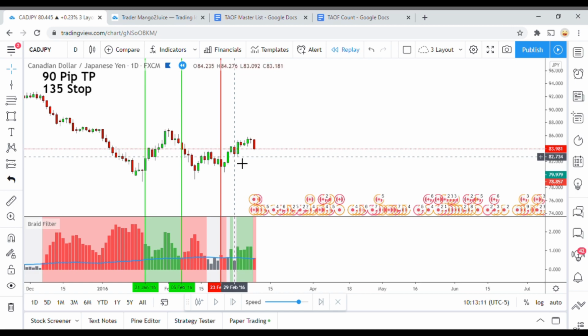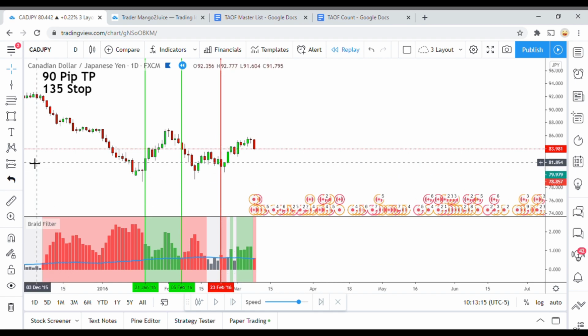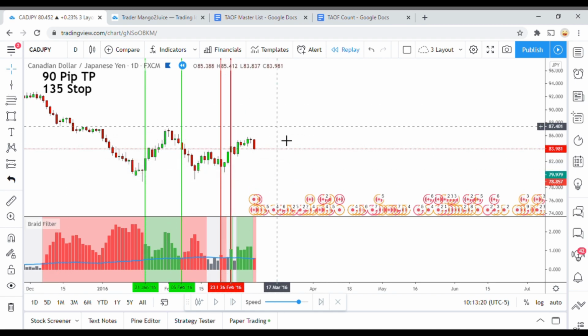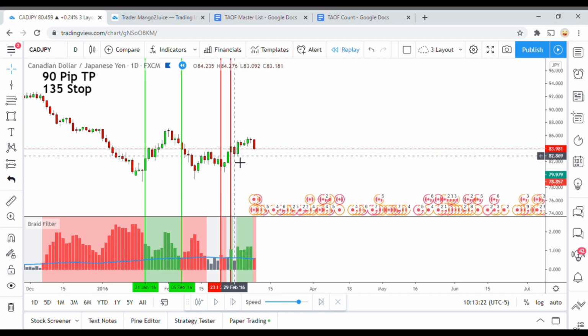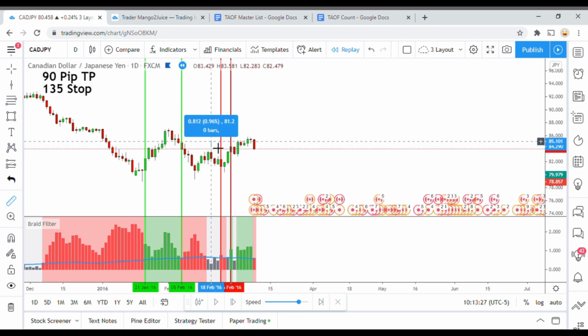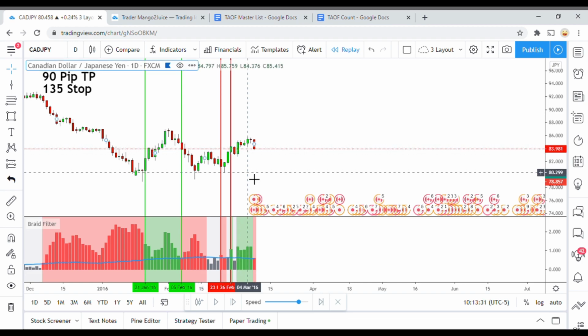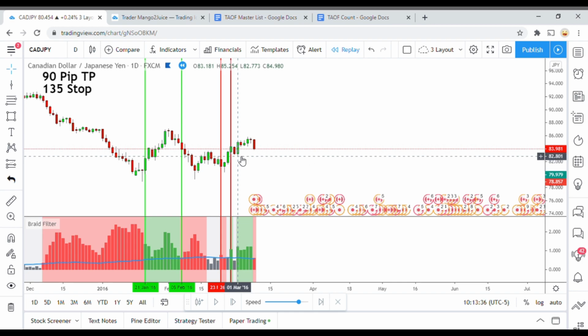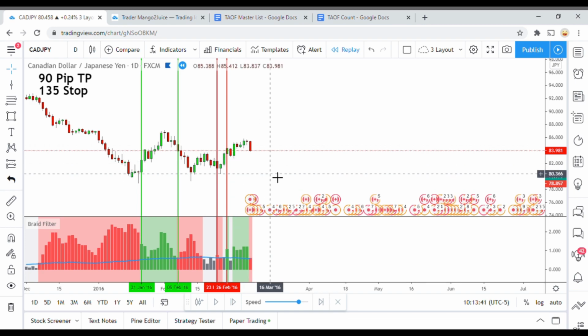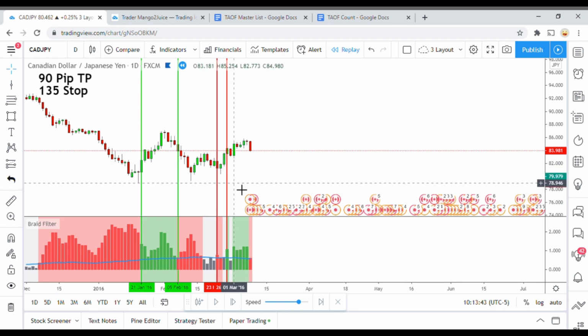Just by pure happenstance, this big green candle came down just a little too far and would have captured our stop, we believe, anyways. Let's check the upside. Yeah, so it hit our take profit on the upside, but it is very likely that this thing came down first, would have hit our stop before then taking off, reversing to the upside and closing up higher. That would be my guess.